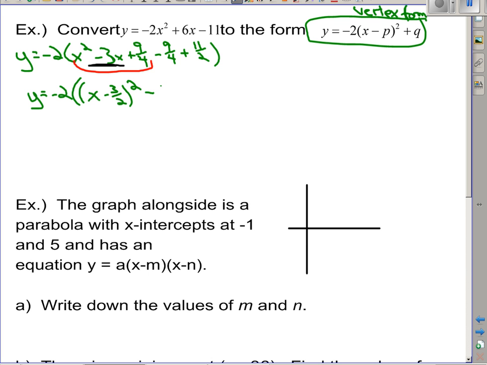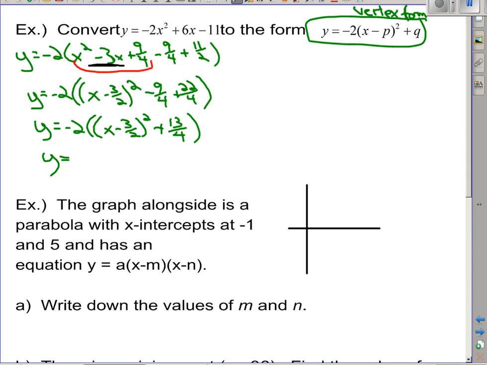Then at the end I have -9/4 plus 11/2, which would be 22/4. Okay, I'm going to combine those terms on the inside, which would give me 13/4. And finally, multiply everything by -2.